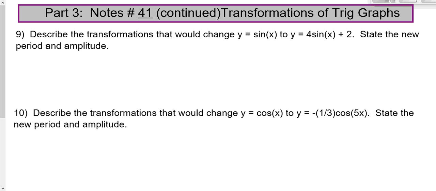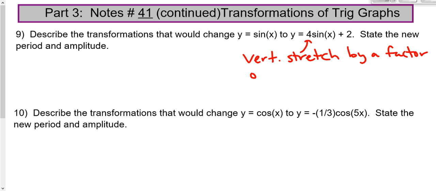Okay, it says describe the transformations that would change y equals sine of x to y equals 4 sine of x plus 2, and state the new period and amplitude. So what happens to a graph if you multiply it by 4? That would be a vertical stretch by a factor of 4, which means it's 4 times taller.